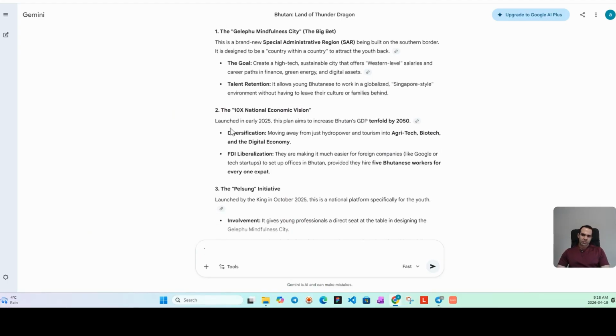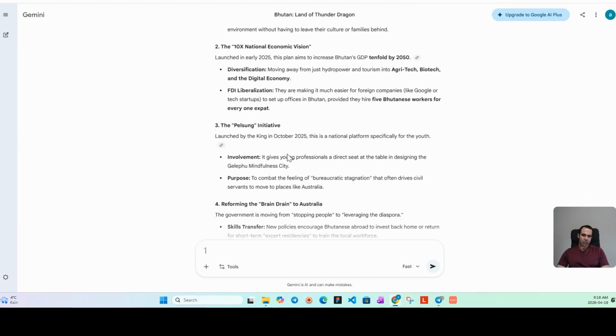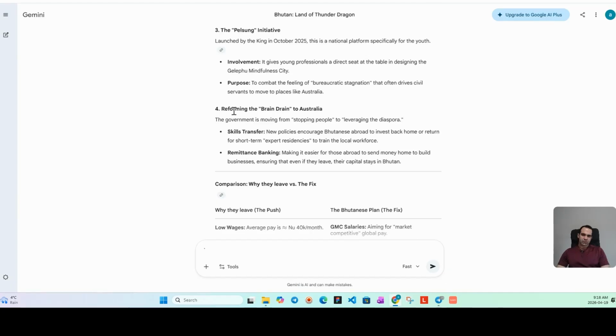10x National Economic Vision, launched in early 2025. This plan aims to increase Bhutan's GDP tenfold by 2050. Diversification, moving away from just hydropower and tourism into agri-tech, biotech, and digital economy. The Pilsang Initiative, reforming the brain drain to Australia.